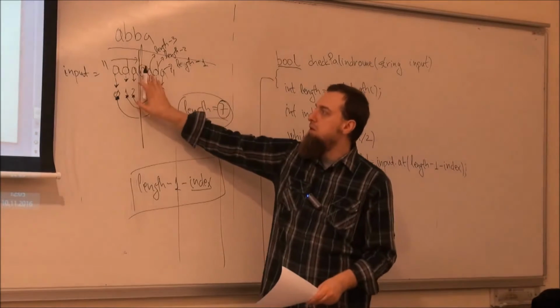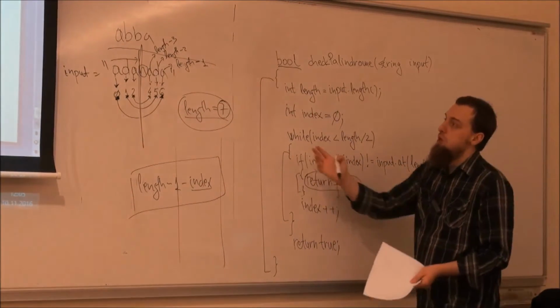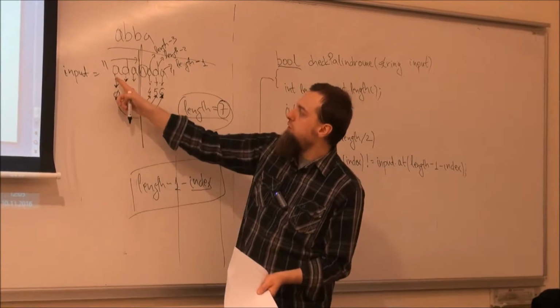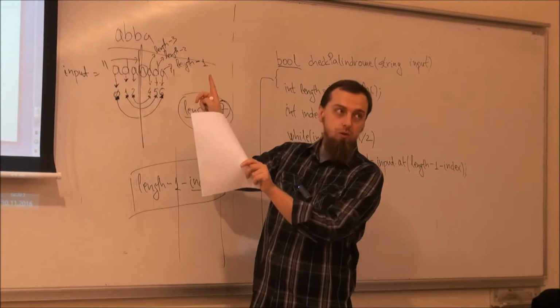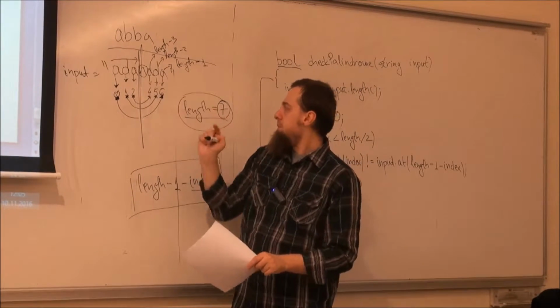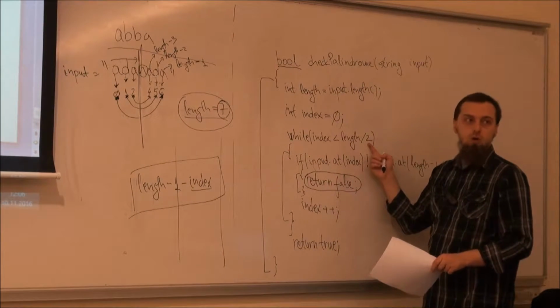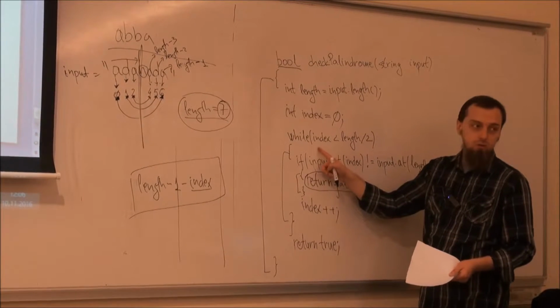Because this middle stuff is kind of tricky. Because when we divide 8 by 2, we will have 4. So we are going from the 0 to the third character, 4 in all, and check the corresponding ones. But when we divide 7 by 2, we have 3. Okay, and we are saying smaller than 3, meaning 2.